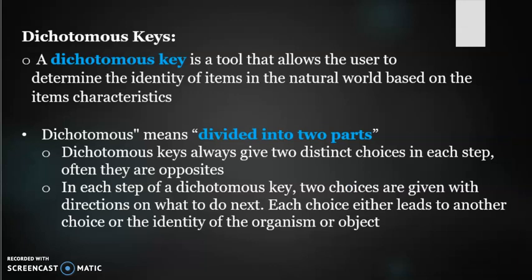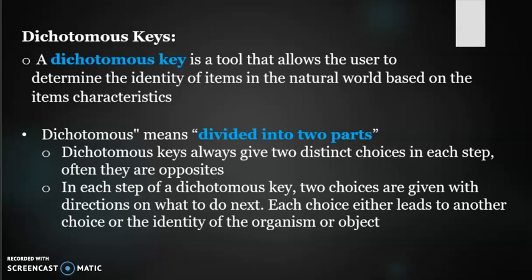So the next thing that you guys have to be able to do is use a dichotomous key, which is a tool that allows the user to identify organisms in our natural world based upon characteristics that organism has. So the word dichotomous means divided into 2 parts.